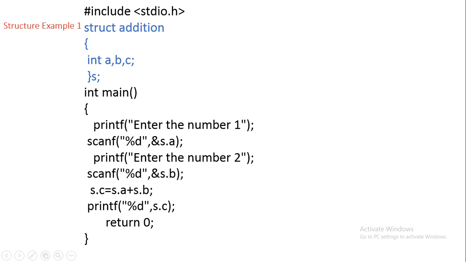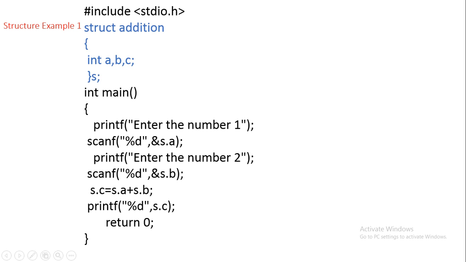In int main, we get the number, enter the number 1. How? s.a. It means the variable a can be accessed by this s. Whenever this statement is executed, it will call this s.a. Likewise s.b, and then the output is s.c = s.a + s.b, and we print s.c here.